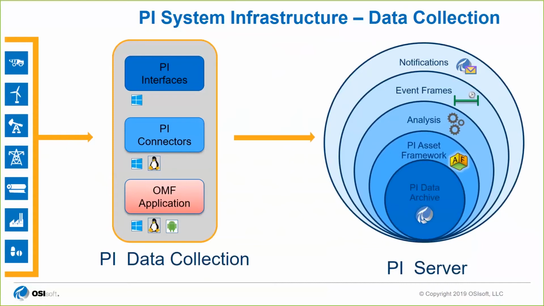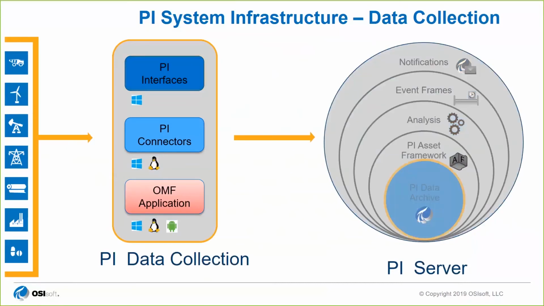Pi interfaces are also developed and maintained, but connectors are moving towards a world of more contextualized data collection. And then one exciting change is this new software called the OMF, the OSIsoft message format, which allows a person to write their own data collection protocol that can basically run on anything and go and collect data as needed.